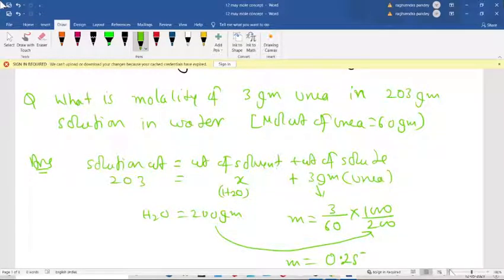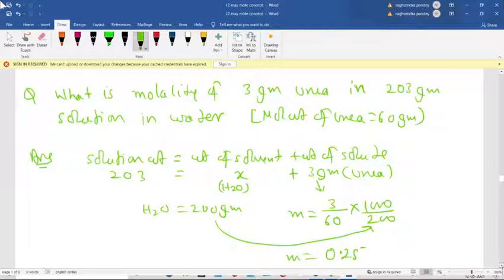Are you getting it, everybody? So the weight of solvent you have to take, not the total weight. In molarity, you have to take the total volume of solution. In molality, only solvent weight is required.